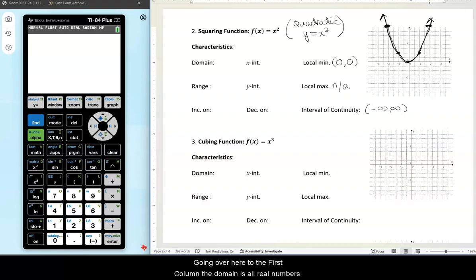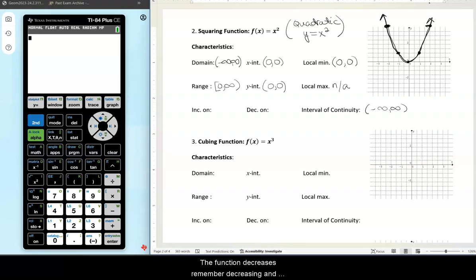Going over here to the first column, the domain is all real numbers, because all of the x values are covered, you can plug in any x value that you want. The range, however, has a starting point at 0, and then it goes up indefinitely. The function has an x-intercept at the origin, so (0, 0), and the y-intercept's at (0, 0).